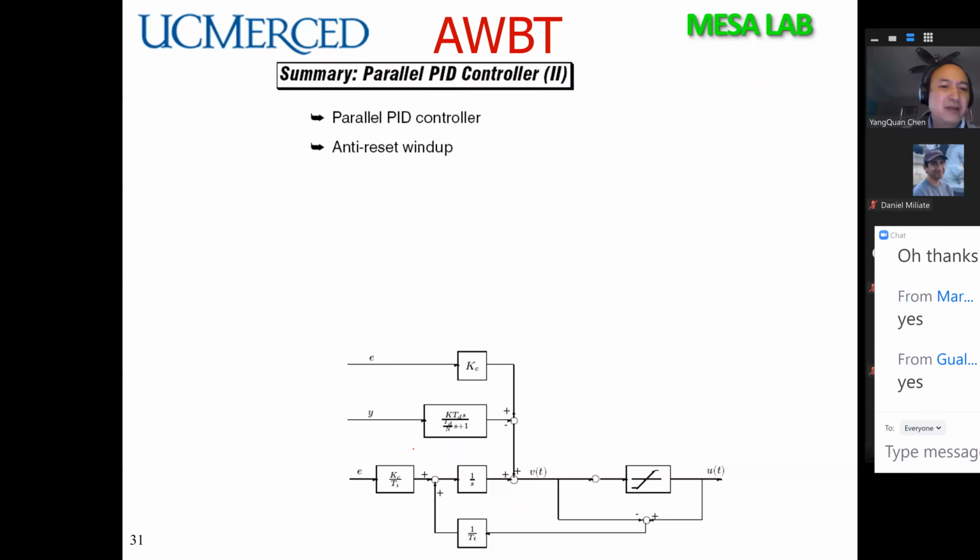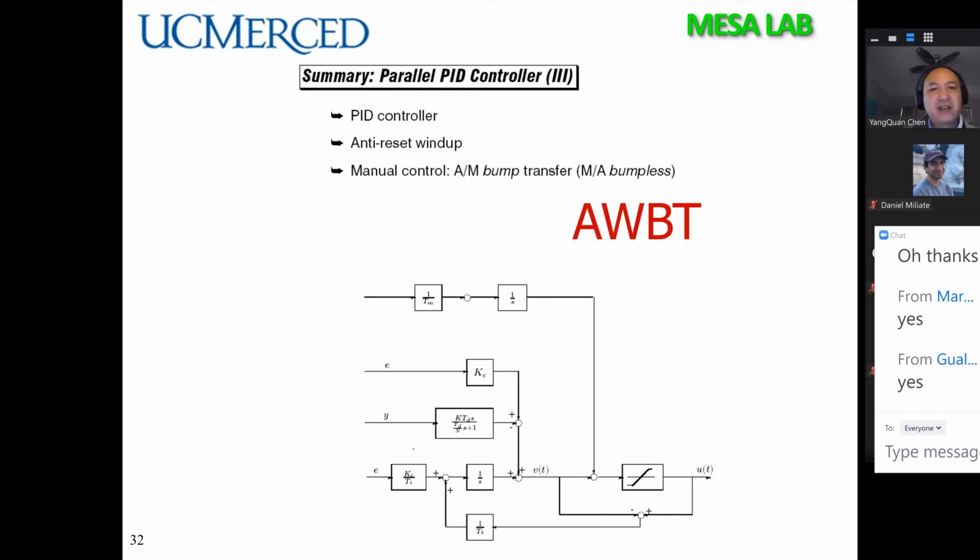Did you see it? But is this enough? Maybe not, because we have anti-windup for PID, but we don't have the bumpless transfer, to smooth it out. So this is anti-windup, bumpless transfer.